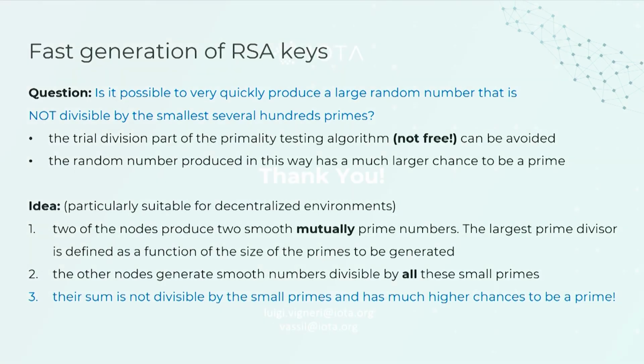Once we add them, we quickly obtain a number which is not divisible by these small primes, up to several hundred primes. Of course, we're investigating the details right now, but it seems like a really efficient, more efficient prime generation algorithm, and this is what we are trying to discuss.